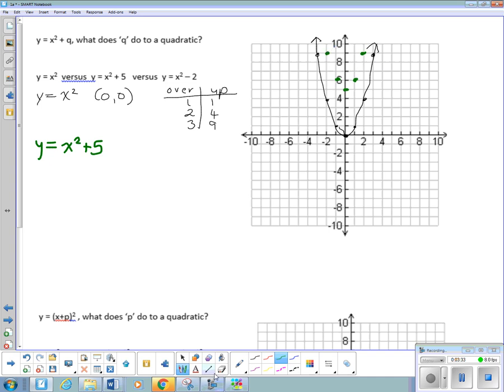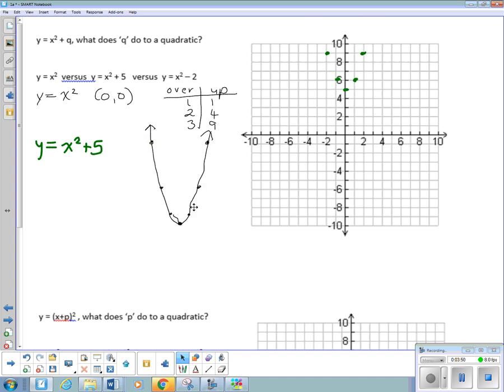And if you see me pick up the parent and put it in place, you can see that it's the same shape. It has the same kind of step pattern, which is very important. Okay, because I don't want to have to draw this parent every single time. But I can, and you can see that it is the same shape.